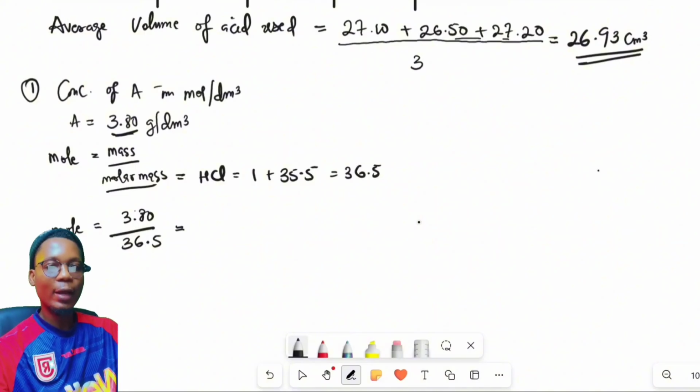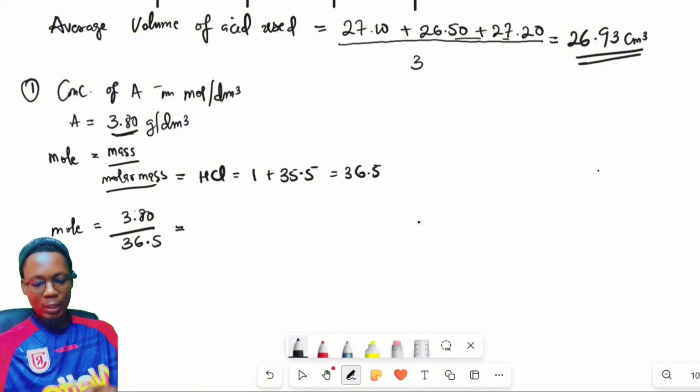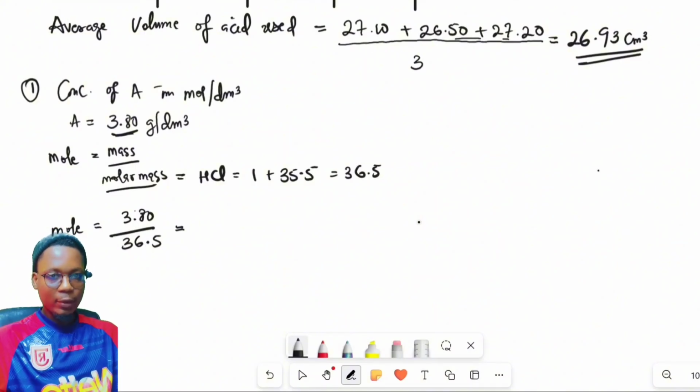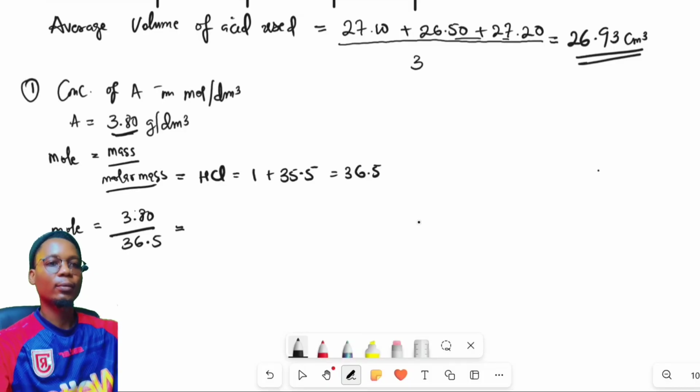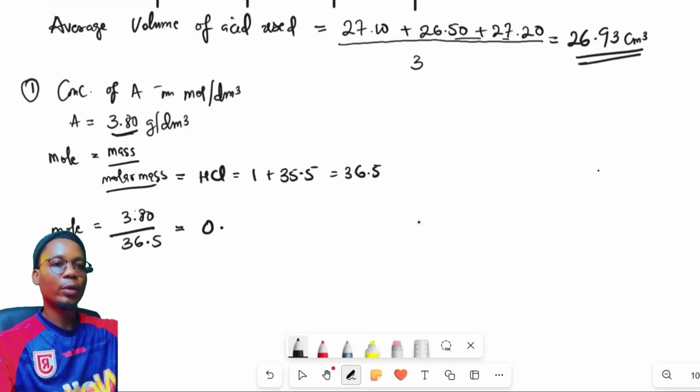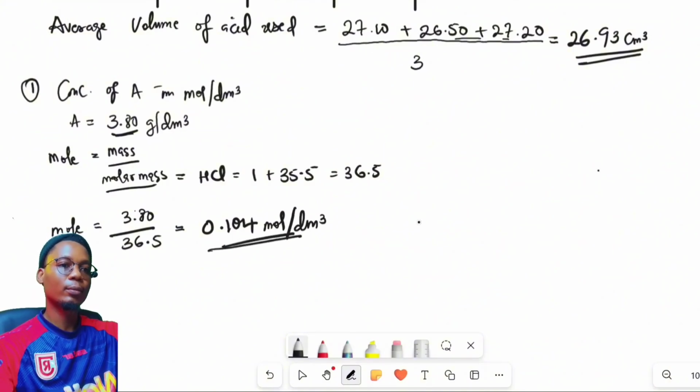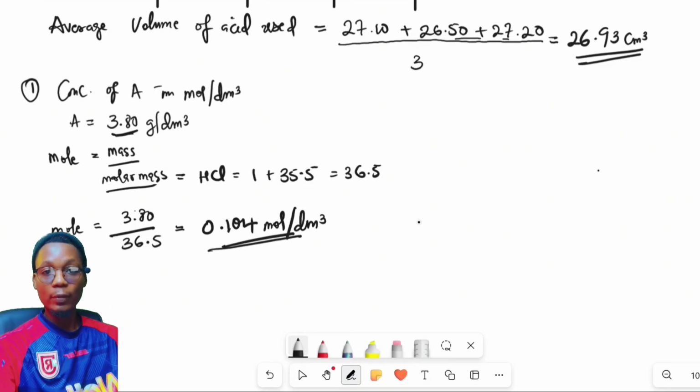And when we divide, so what will we get if we divide? That will give us 0.104 mole per cm cubed. So basically, we are solving the same things that you could have solved if you were using a real lab.